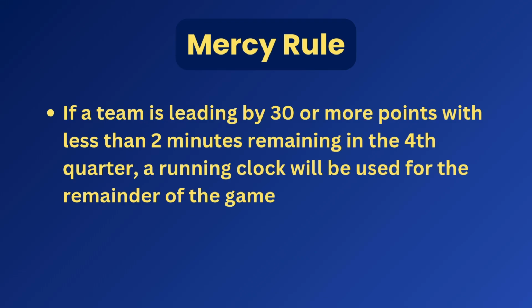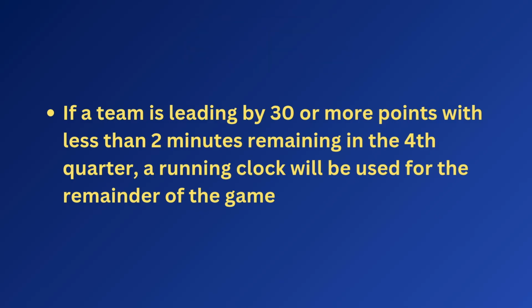Now, if a team is up by 30, and then the team that's trailing scores to bring it under 30, if they were up by 30 with under 2 minutes to go, we're still running the clock. So at any point a team is up by 30 points with less than 2 minutes remaining in the fourth, it doesn't matter what happens afterwards, we're running the clock the rest of the way.